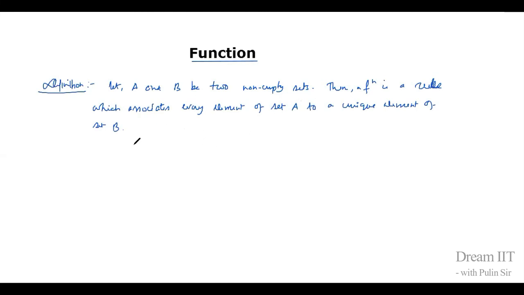How do we denote a function from A to B? This is the notation: f is a function from A to B. f is the rule that will tell you where, and there will be a condition afterwards. Once we take an example, then we will get it.